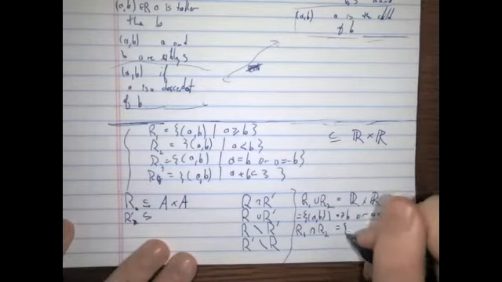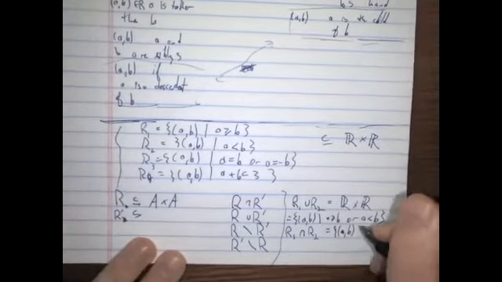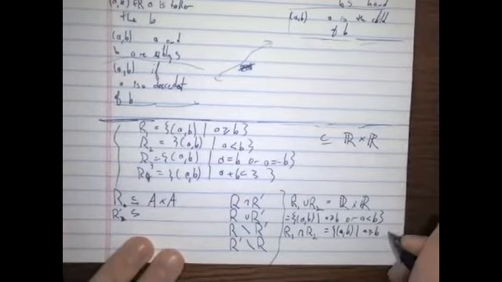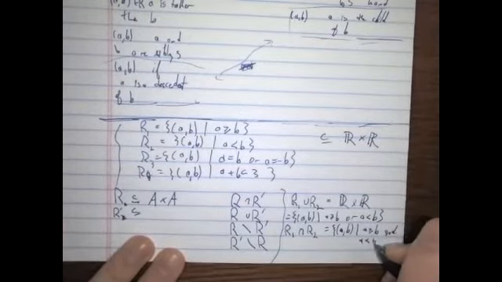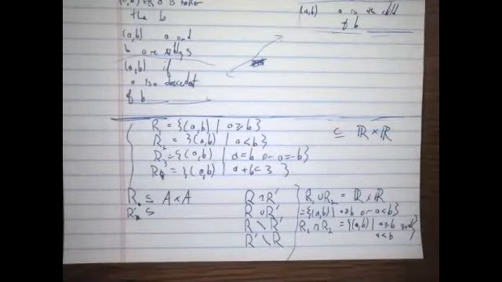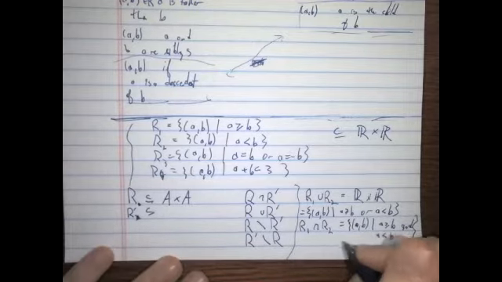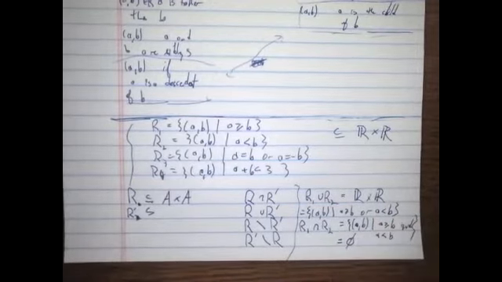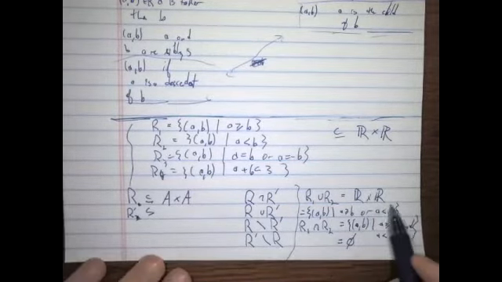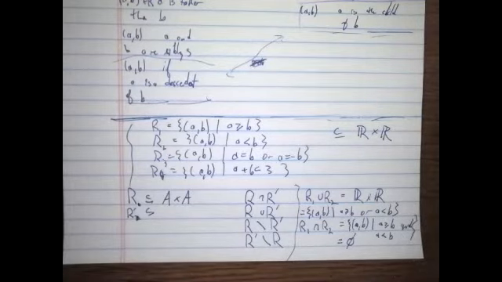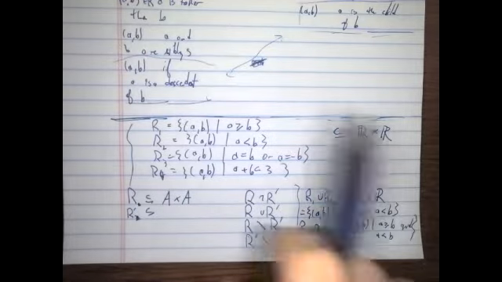This is the set of all tuples A comma B such that A is greater than or equal to B and A is less than B. Are there any tuples of real numbers such that one is greater than or equal to the other and also less than it? No. There are no such pairs of numbers, so R1 intersect R2 is equal to the empty set, which is, again, a relation because it's a subset of R cross R. Relations are fundamentally subsets, so we can do subset-like things with them.